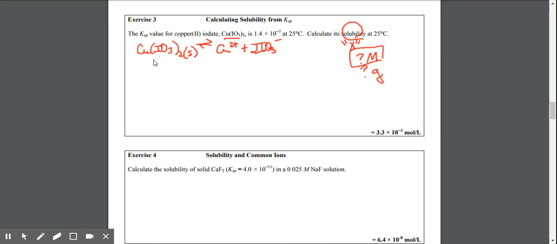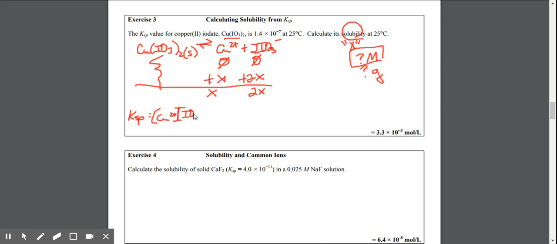Now I finish out my RICE table. So this is 0, this is 0, plus x, plus 2x. Now I know that this is x, and I know that this is 2x. So now I write my Ksp expression. Ksp is equal to Cu2 plus times IO3 minus squared.